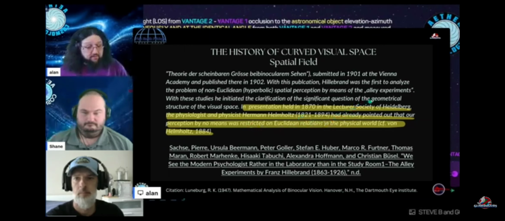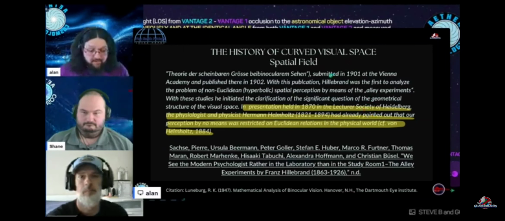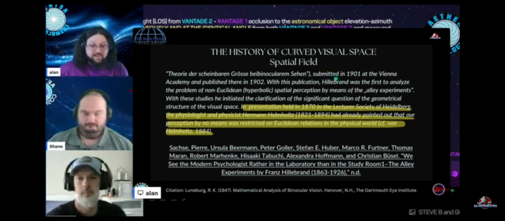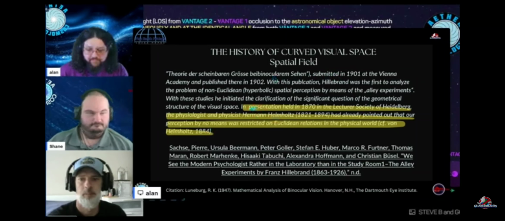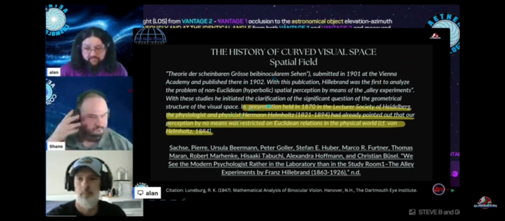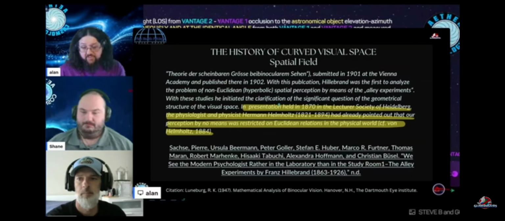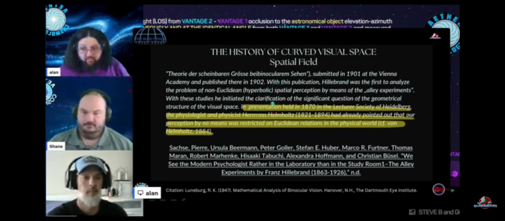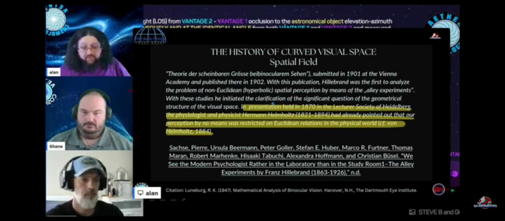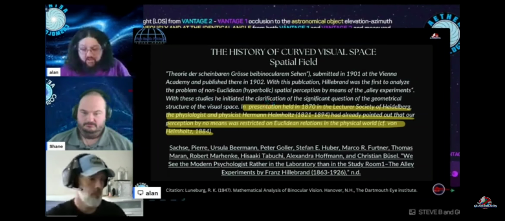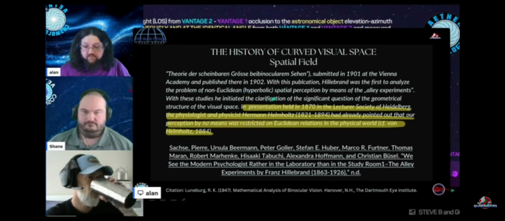So back then they were already studying this, and we'll get into the alley experiments that really pioneered this whole thing, how that shows the difference in how we perceive reality, spatial versus visual, and what best describes the visual field, right? Is it Euclidean? Is it hyperbolic? That sort of thing. So there's a lot to consider there.